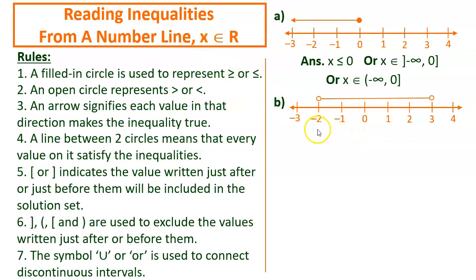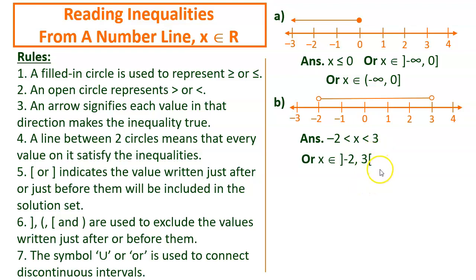Now coming to the writing part. This is x is greater than -2 and x is less than +3. This is the easiest one. Next one is x belongs to, we have to exclude -2, so we are having this square bracket, and exclude +3 as well.